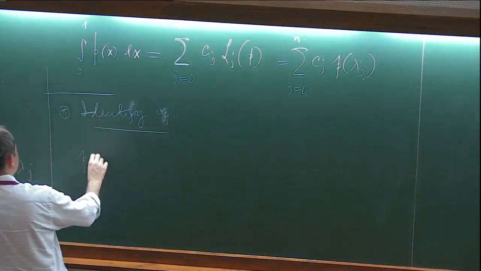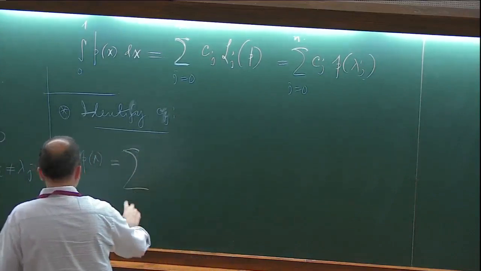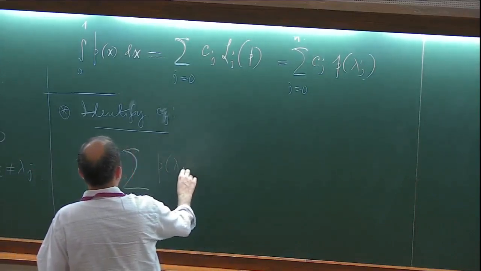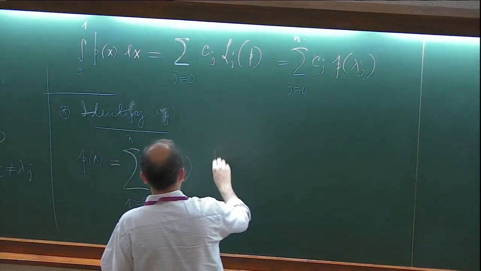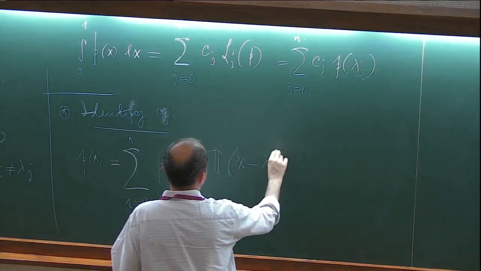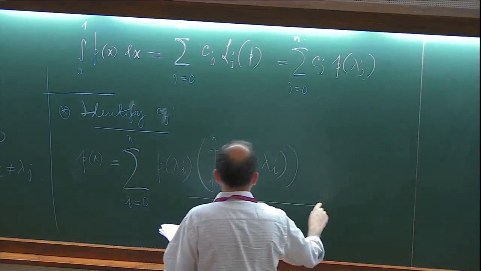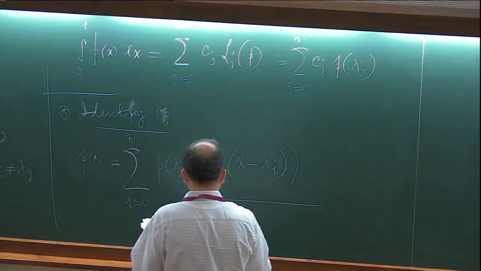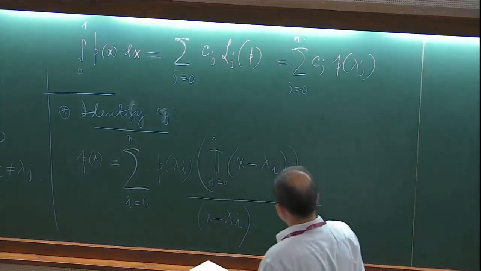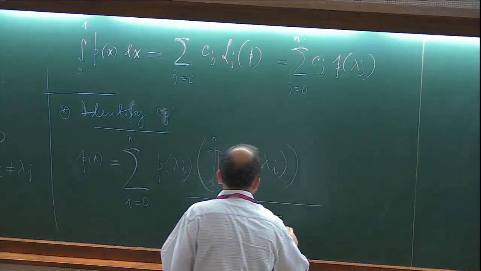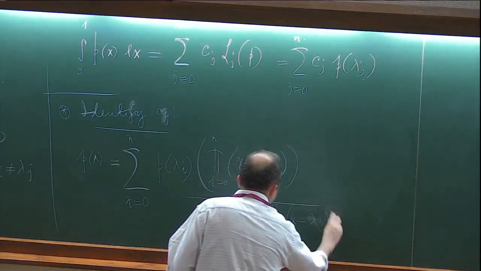So I take a polynomial P of degree at most n, and I can write P as the sum of P of lambda i, i from 0 to n, and then I have the product of x minus lambda i divided by x minus lambda i, this is the index here. That's the entire product. And then I have the derivative of this product here.